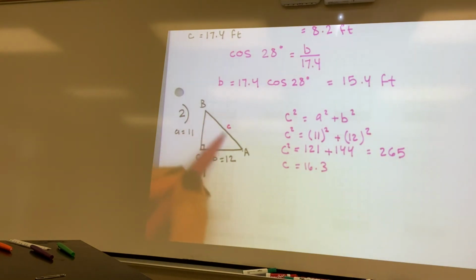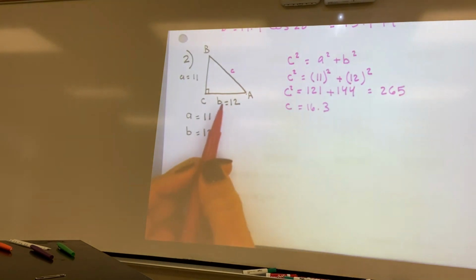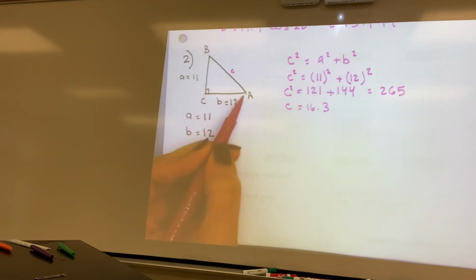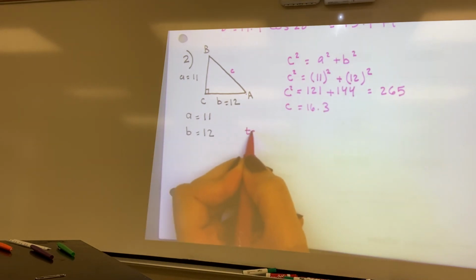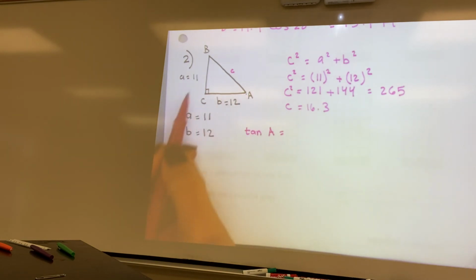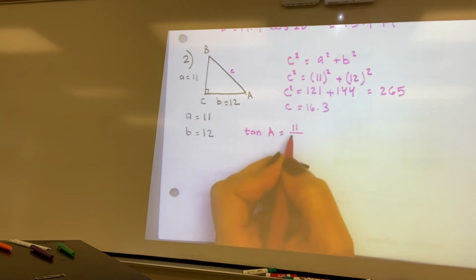So I found the length of the hypotenuse. Next, I will find the measure of the two angles, A and B. And we'll apply the tangent to find the measure of angle A. Tangent A equals, remember the tangent is the opposite over the adjacent. So that's 11 divided by 12.